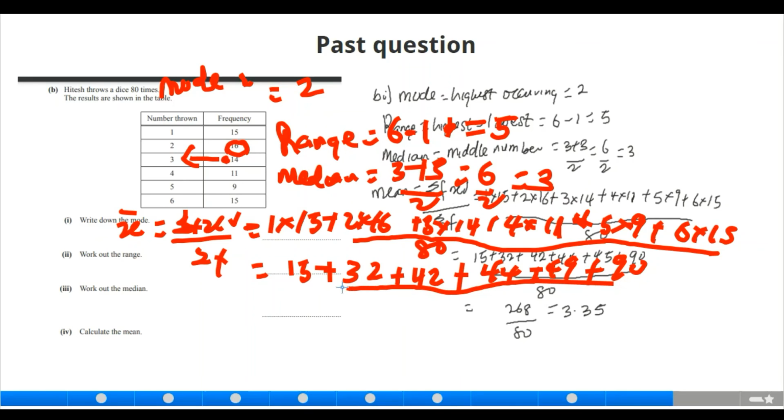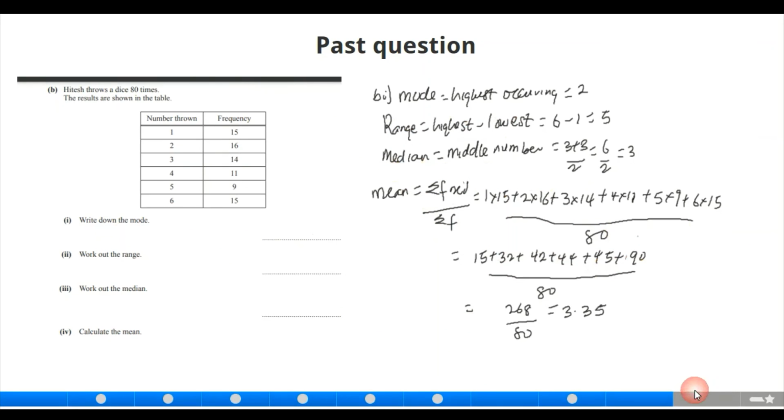So adding up all of them together, we have 268 divided by 80, and that will give us 3.35 if we calculate using our calculator, and that's the mean of that given set.